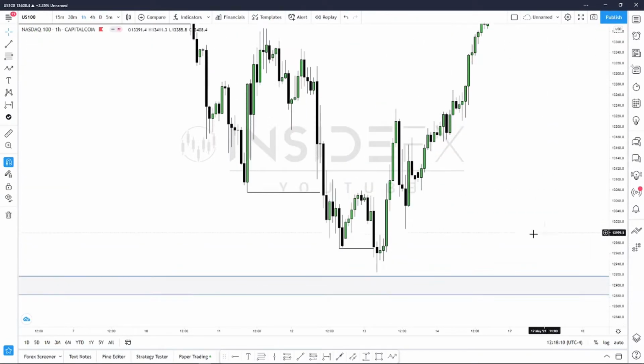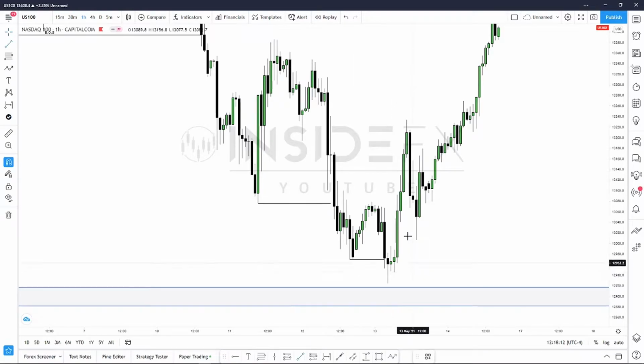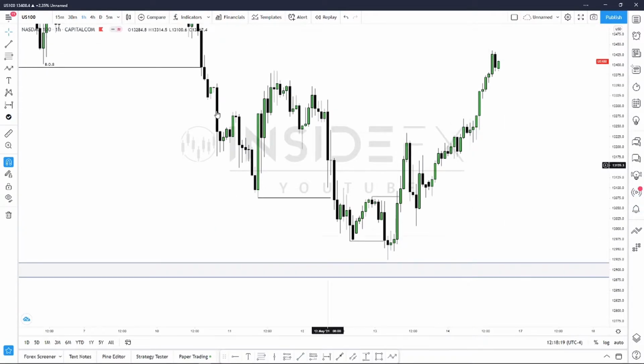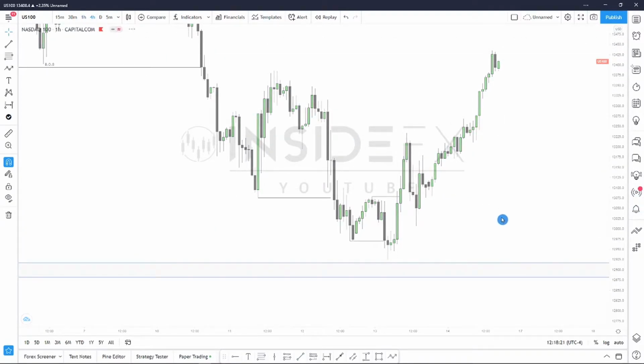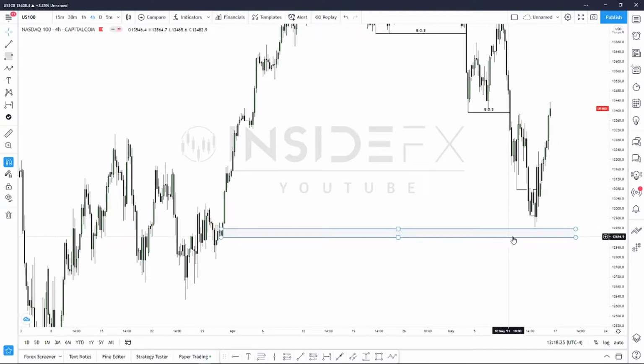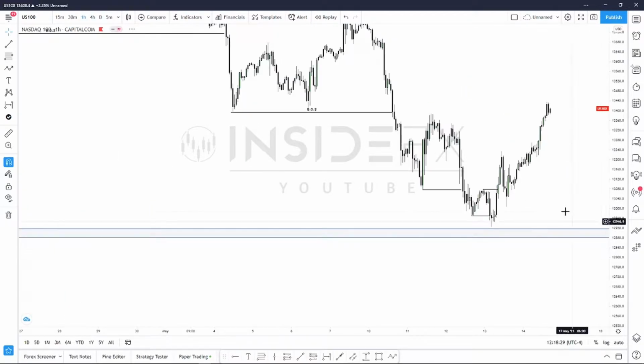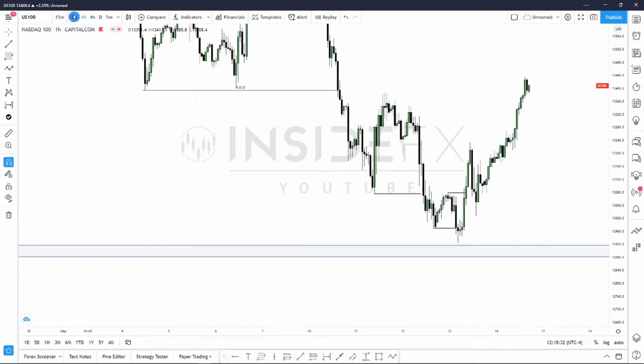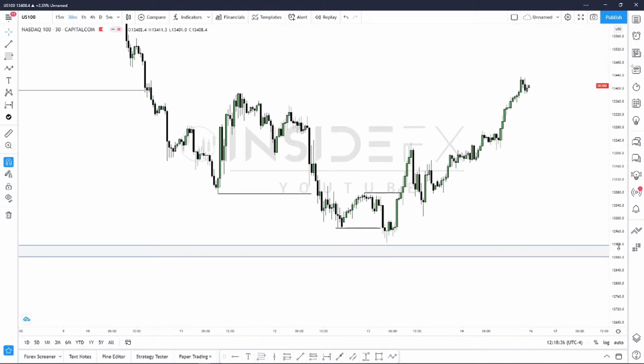After that, price broke the structure right here. Once price broke that structure, I knew that this higher demand zone was being respected, because price broke structure on a 1 hour time frame, and if you go to lower time frames, you would see a similar thing.